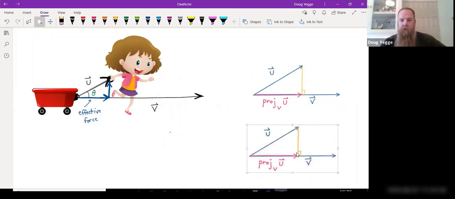Only now what we're going to do is not label these by the vectors themselves, but label them based on their magnitudes, so what their lengths are.